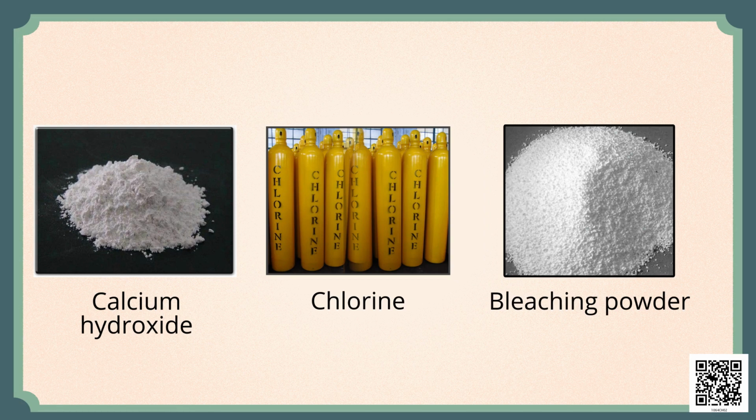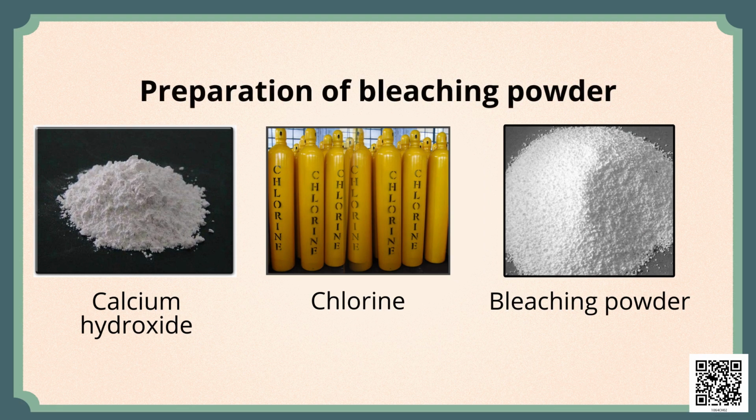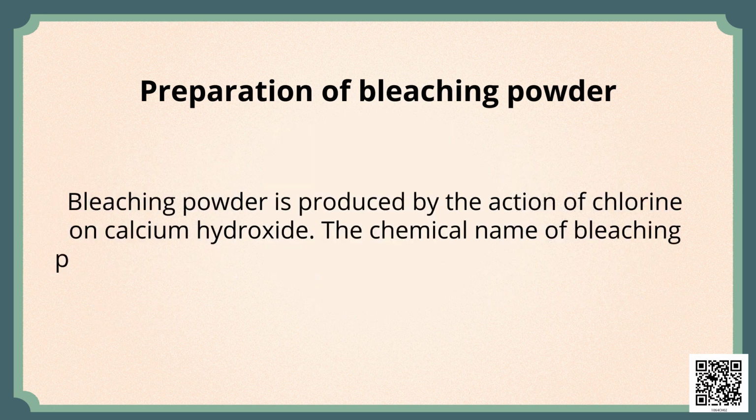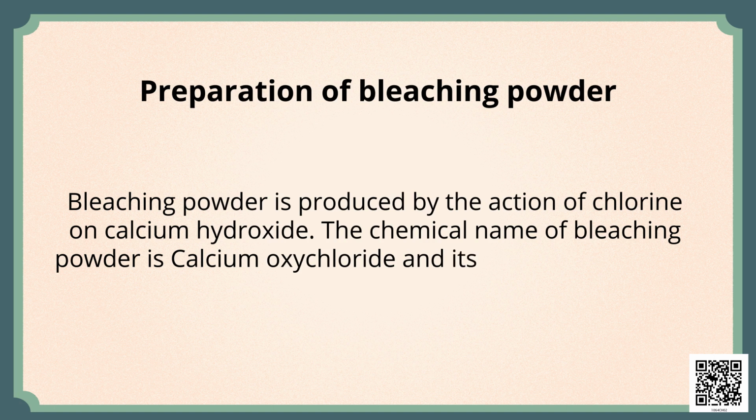Now, let us see how bleaching powder is prepared. Bleaching powder is produced by the action of chlorine on calcium hydroxide. The chemical name of bleaching powder is calcium oxychloride and its chemical formula is CaOCl2.